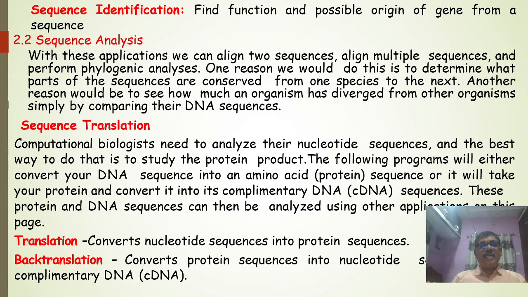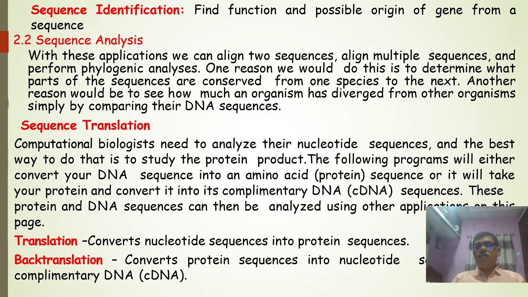Then sequence identification is done with the help of these bioinformatics tools in life sciences to find the function and possible origin of a gene from a sequence. The sequence analysis is done, and with this application we can align two sequences, align multiple sequences, and perform phylogenetic analysis.